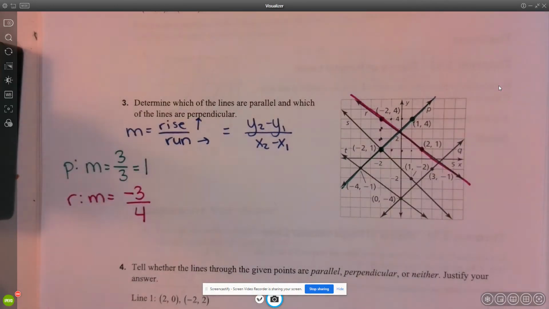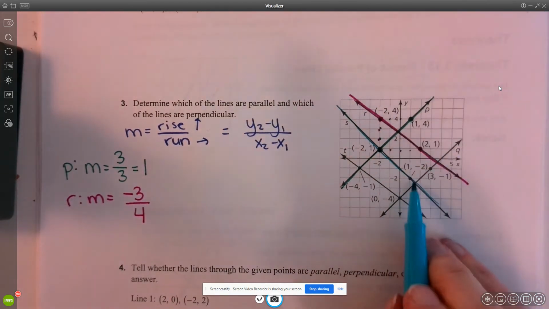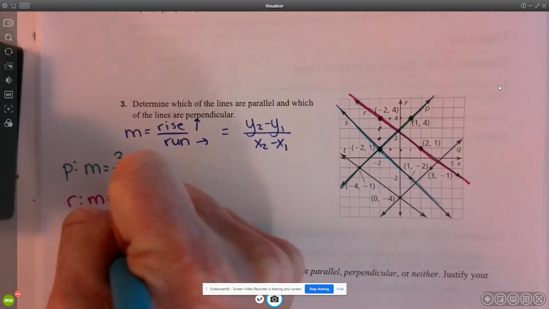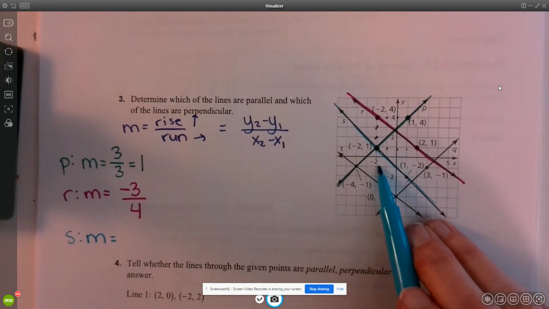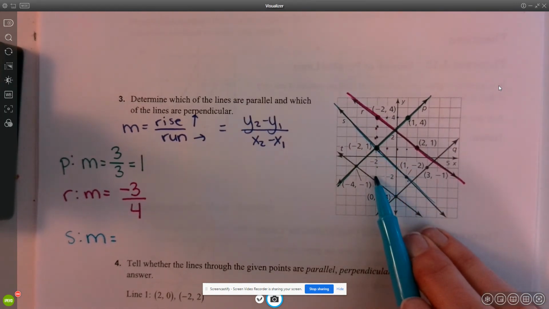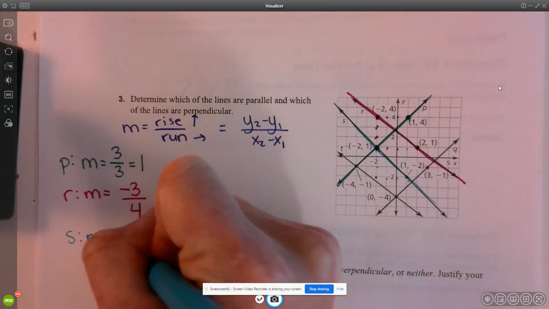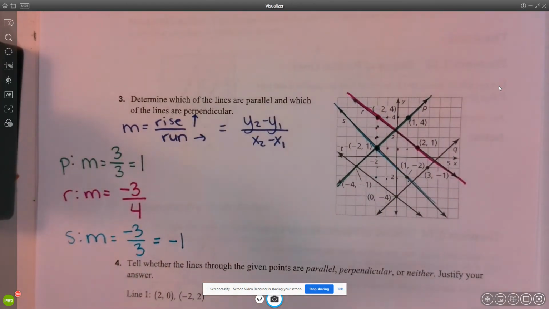So the slope of line R is negative 3/4. I'll do this one more time. I'll go ahead and find the slope of line S. I'll use these 2 points right here. So the rise over run, I'm going to count down 1, 2, 3, and right 1, 2, 3. So I counted down 3 and right 3. Negative 3 over 3 is equal to negative 1.